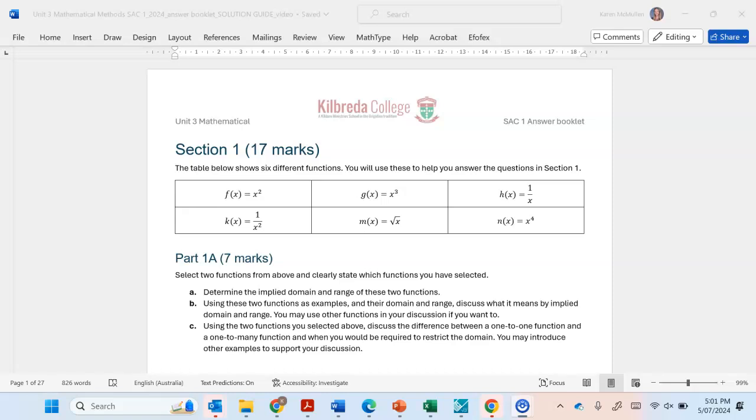I'm just trying to think of what the top students did. It was a while ago since I've marked these, but basically, in their discussions, it was quite clear what they were talking about. So in an English essay, that confidence in responding to the essay topic, I was kind of looking for that confidence in responding to the sections in this SAC.